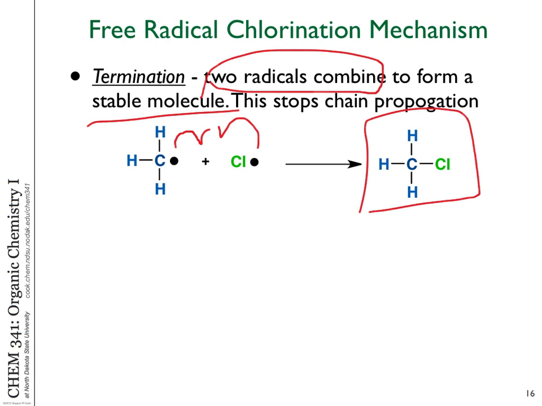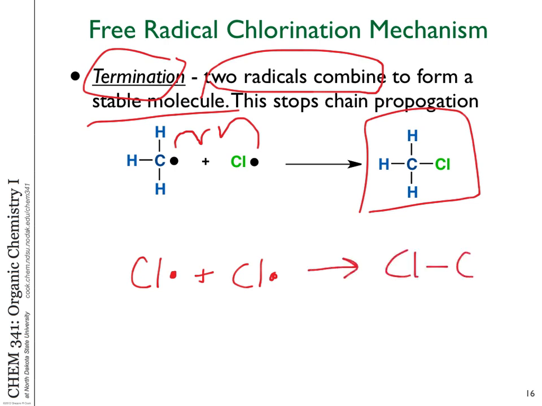That's why it's referred to as a termination step. You could do this in a lot of ways. If two chlorine radicals combine, you just reverse the initiation step. That also is a dead-end pathway. So that's why reactions don't go forever, and we often need to keep heating reactions or keep applying light to get the reaction to go to completion.